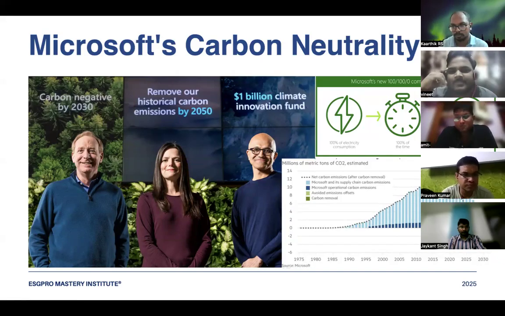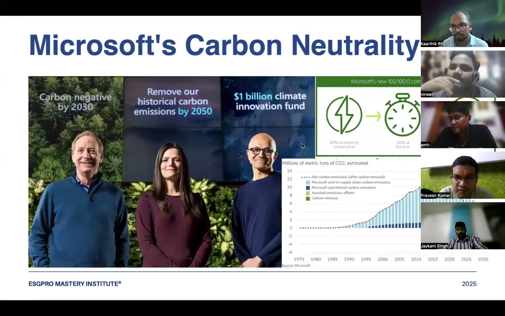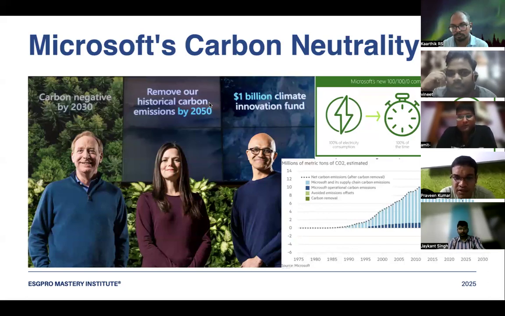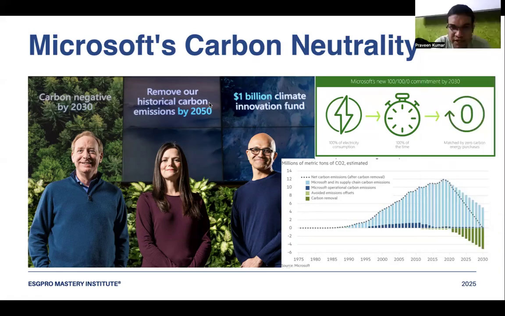Praveen. Thank you, sir. So my first observation is that from 1990 onwards, Microsoft started tracking its supply chain carbon emissions, and they observed that the major component is the supply chain carbon emission release. They also tracked their operational carbon emissions, but noted that it is not a significant component.